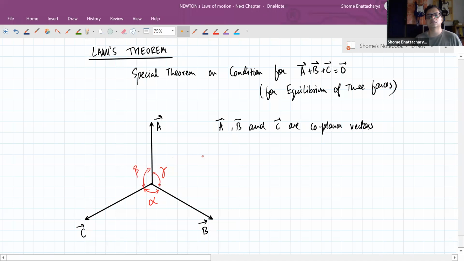So these are these angles. So such that alpha is the angle between B and C, as you can see in the diagram.